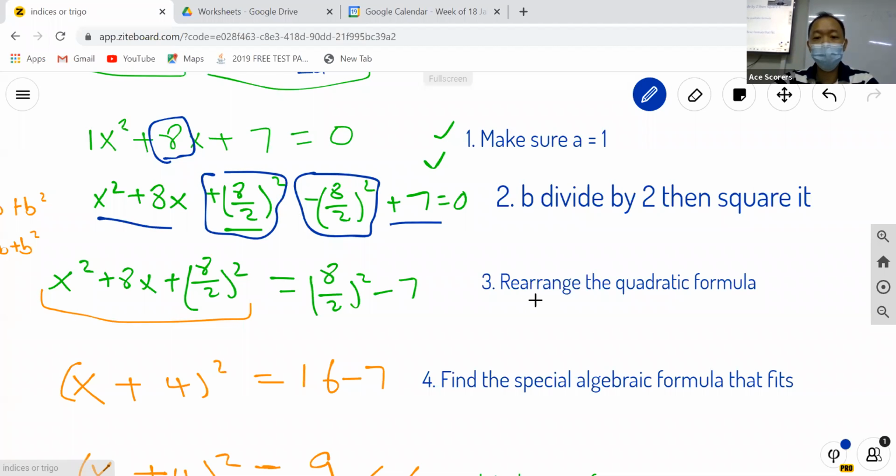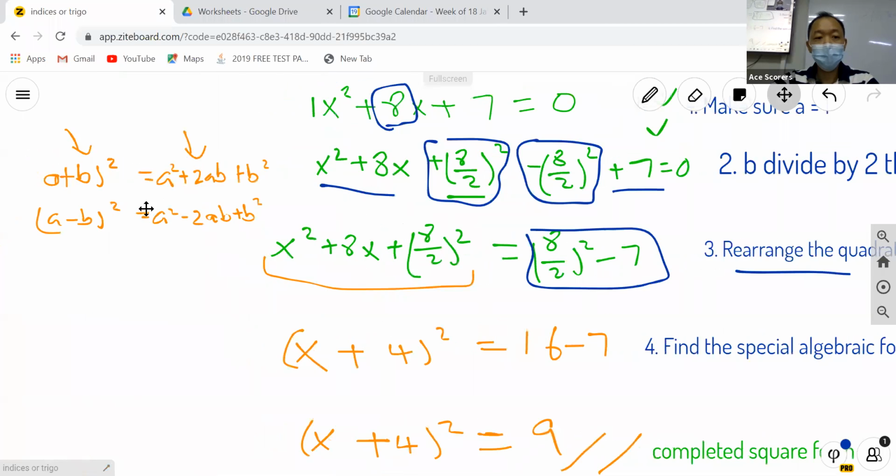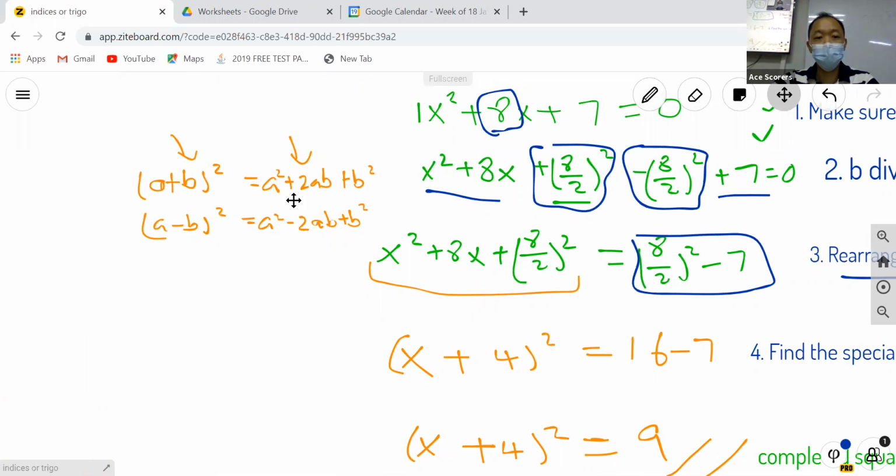Next, here comes the difficult part. Rearrange the equation. I take this, put it to the right hand side. These numbers, put it to the right hand side. I group the numbers together, and then for these three terms, you have to find the appropriate special algebraic identity.